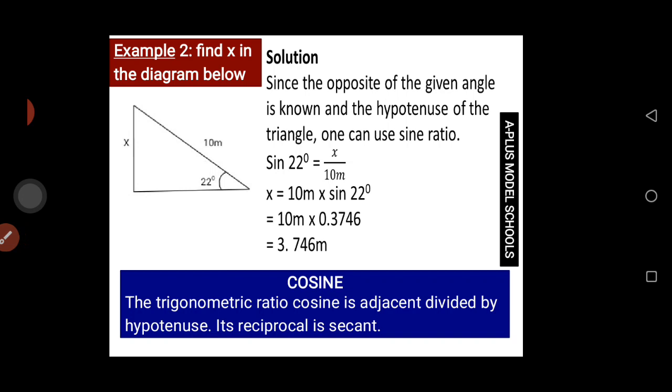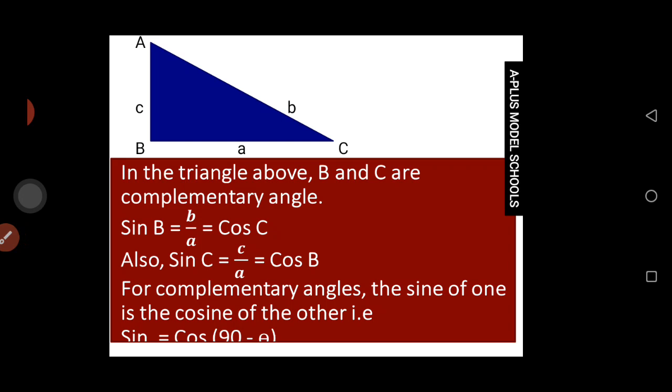Now let's go to the second one, which is the cosine. The trig ratio cosine is adjacent divided by hypotenuse, and its reciprocal is secant. Now, there is something I want to explain to you under cosine and sine. When we are talking about cosine and sine, the two are said to be complementary. Why?